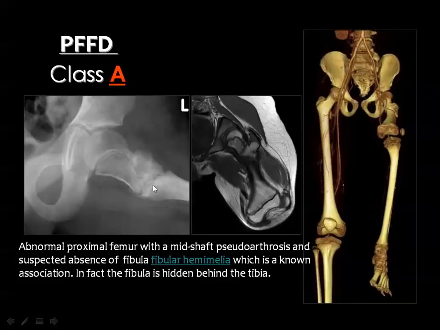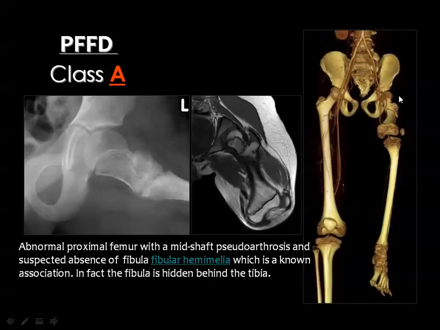The acetabulum is good, and the femoral head and neck are well developed, and there is some cartilaginous part here. There is some pseudoarticulation between the femoral neck and the shaft in this reconstructed image, and you get shortening of the limb.